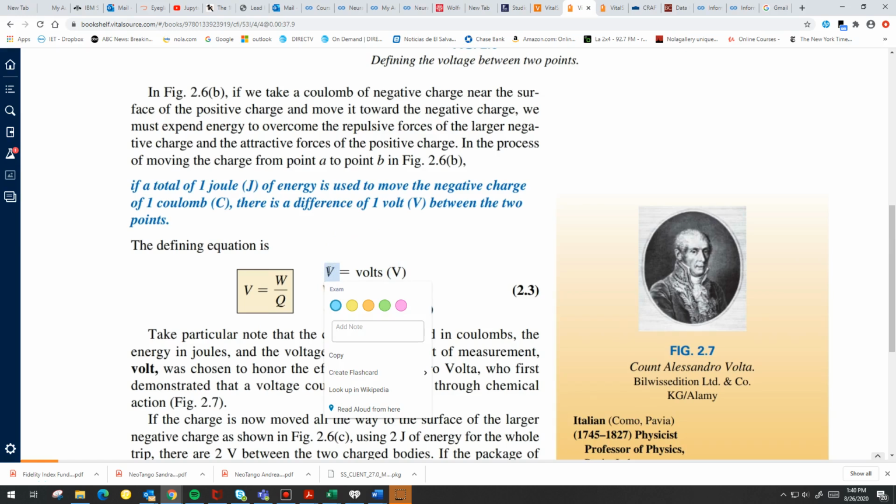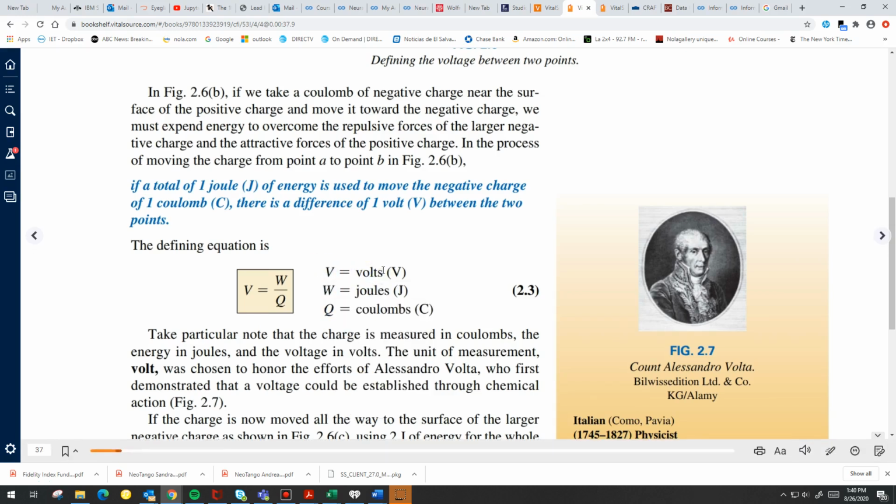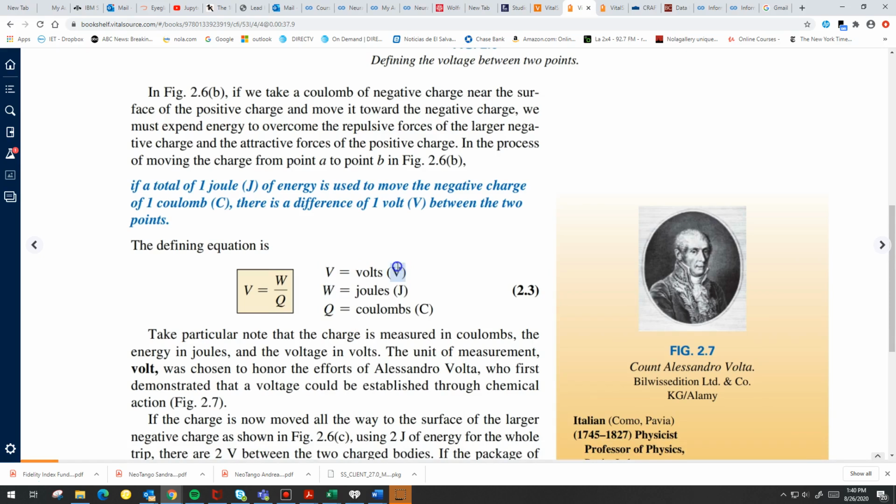Potential difference, volts, voltage, okay. Voltage is represented by the capital letter V, and the units of voltage are volts. And in this case, we use the same letter to represent the units of voltage, which is volts.